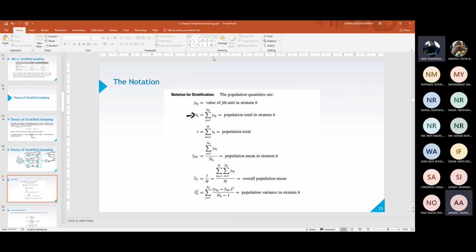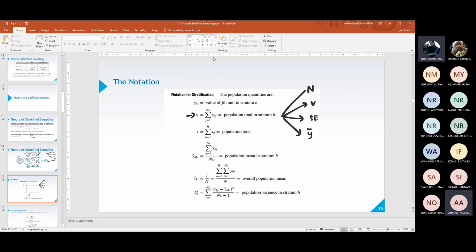We have the value of N, the population size of each stratum, and you can calculate the variance of each stratum. You can also have the standard error of each stratum, and the mean for each stratum.